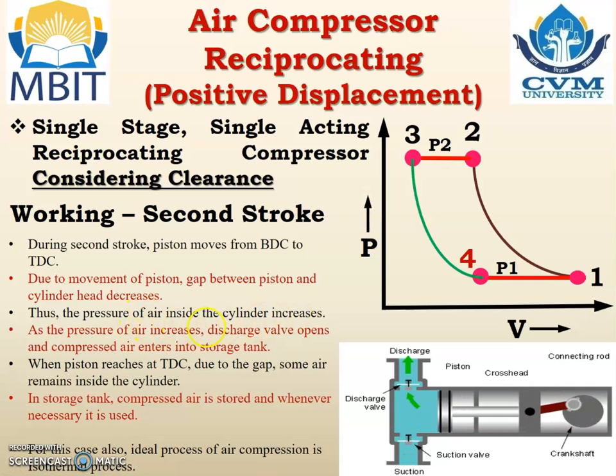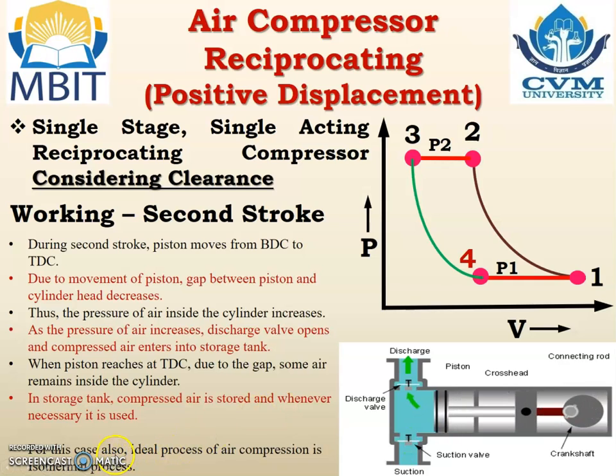As the pressure of air increases, the discharge valve opens and compressed air enters into the storage tank. When the piston reaches the TDC, due to the gap, some air remains inside the cylinder. In the storage tank, compressed air is stored and whenever necessary it is utilized.